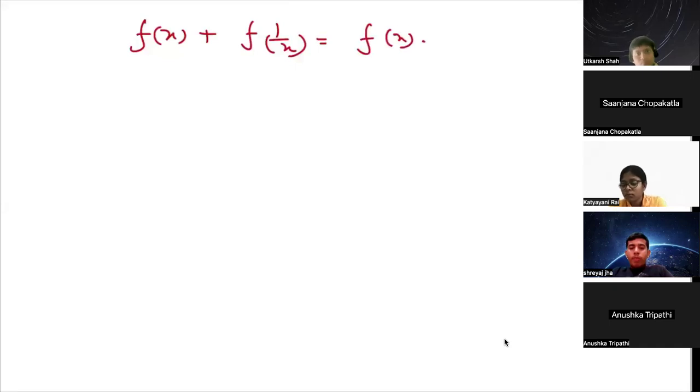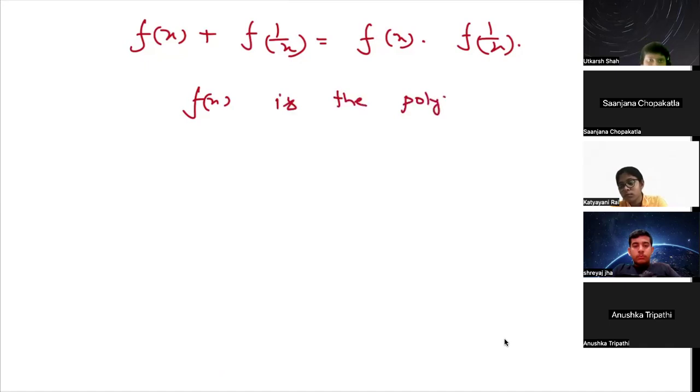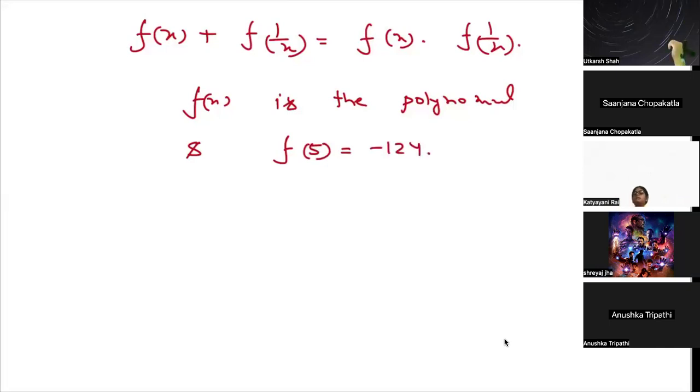Every time you will get this, like in many of the examinations: fx plus f of 1 by x is equal to fx into f of 1 by x. fx is a polynomial, the leading coefficient is not given, and f of 5 is given as minus 124. Find f of 10.